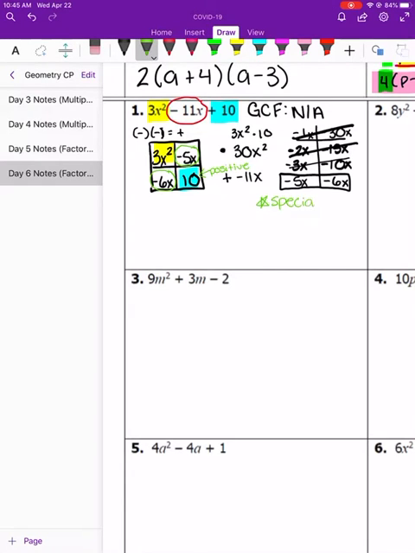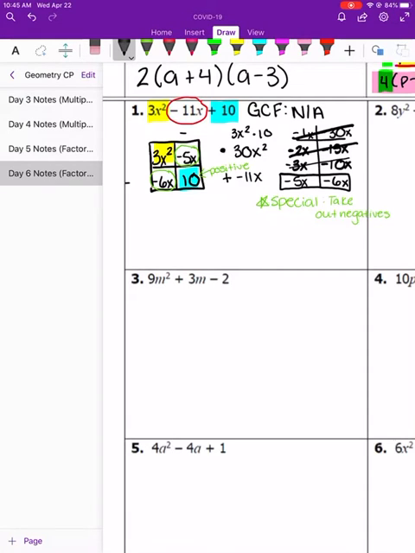Star, special case. So we need to take out the negatives. So I'm automatically just going to go up here and take out my negatives where I know I'm going to have to take them out at.